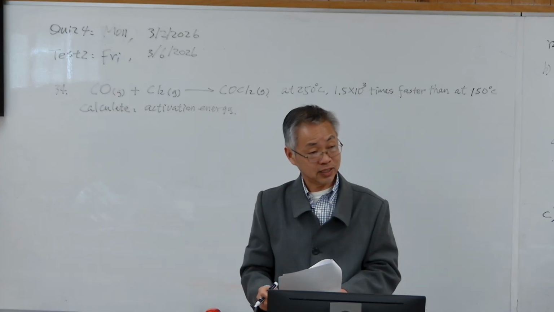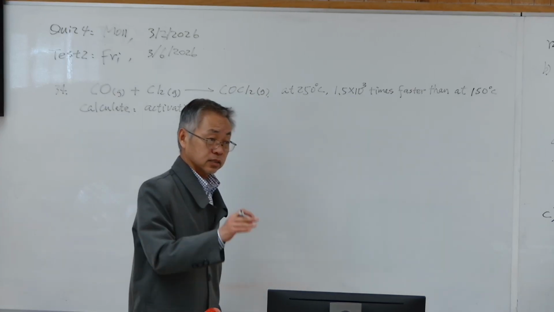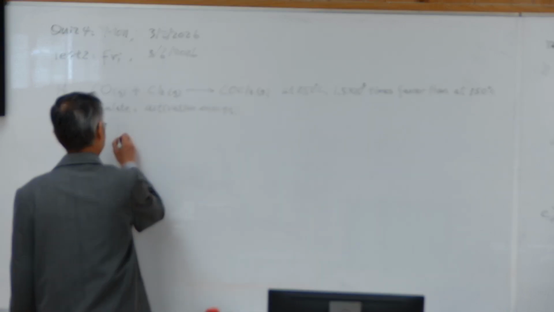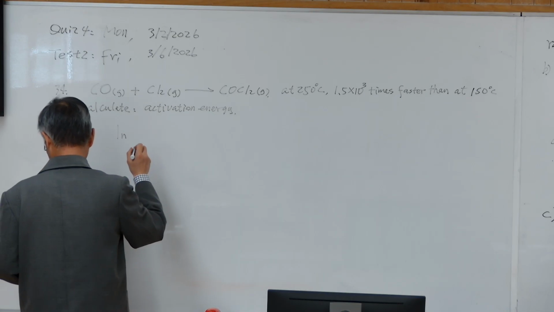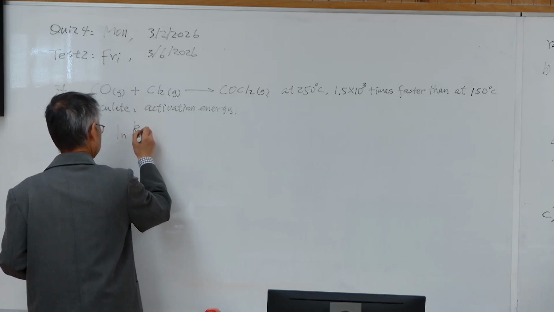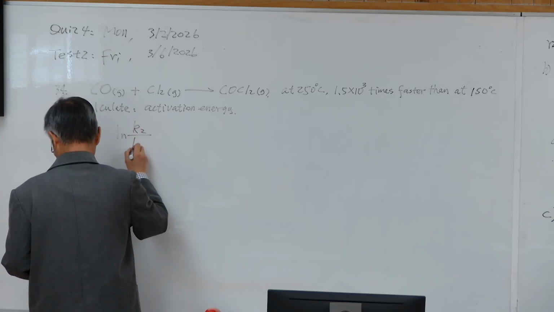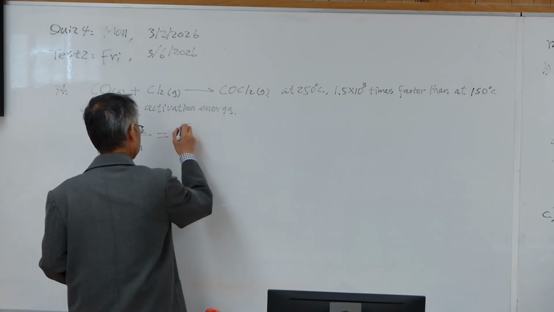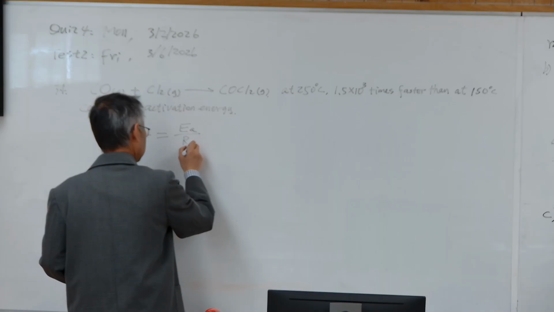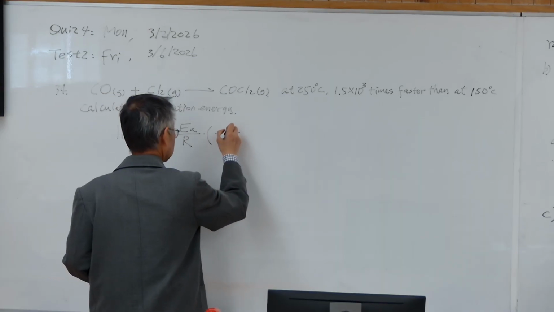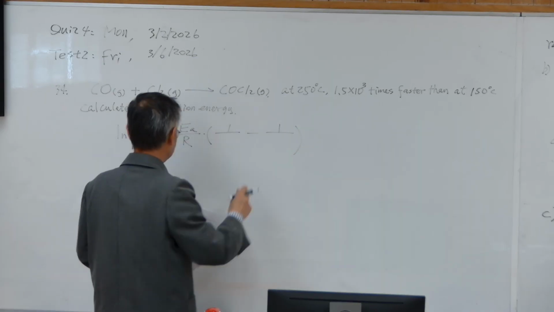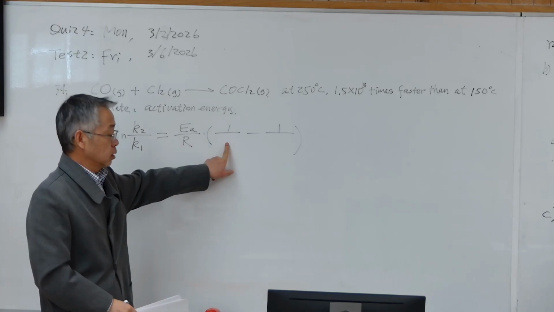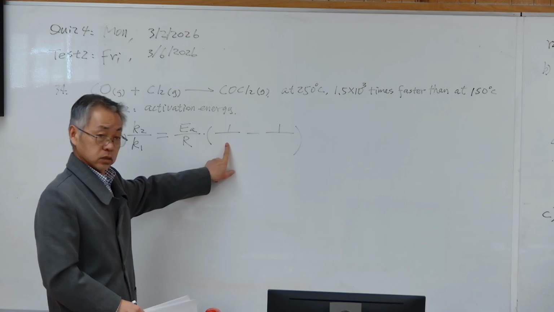Also calculate EA. So clearly this is the temperature effect of the reaction rate. It looks like this: K2 over K1 equals EA over R times, without this negative sign, T1 or T2 first.